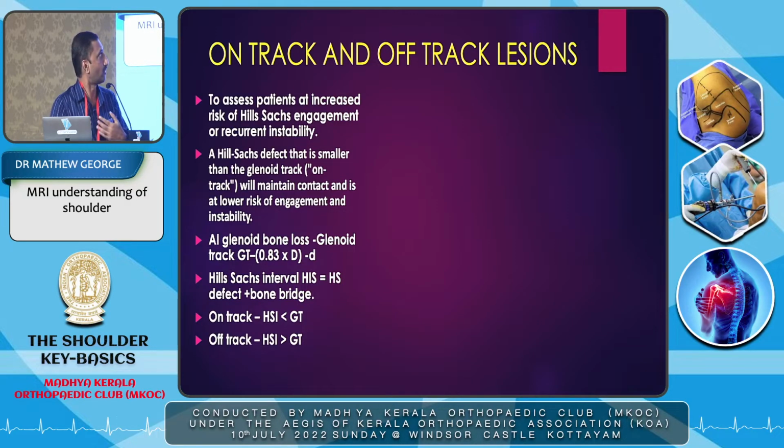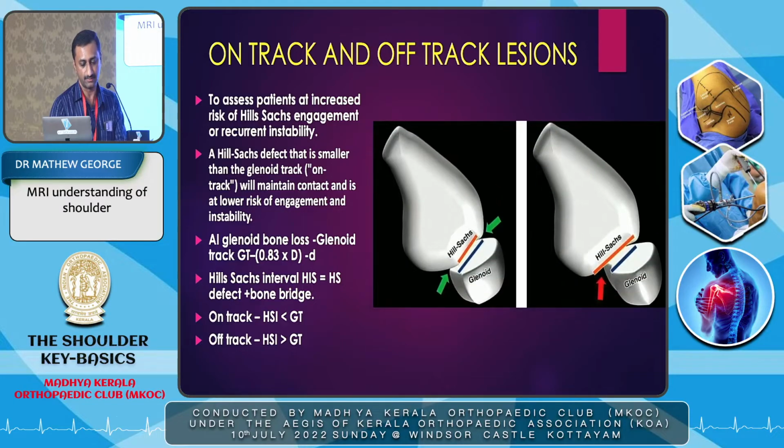Now coming to on-track and off-track lesions, this is mainly to assess the increased risk of Hill-Sachs engagement or recurrent instability. If the Hill-Sachs defect is smaller than the glenoid track, then it is known as on-track. That means there's no engagement.